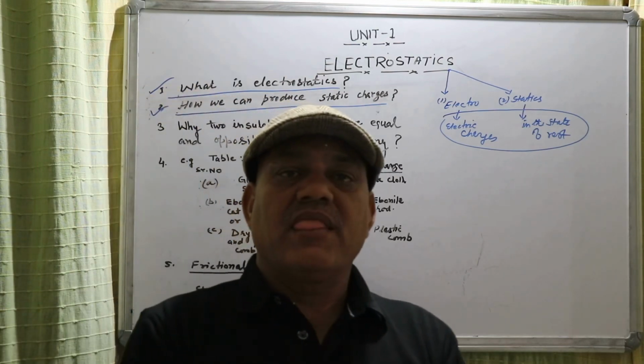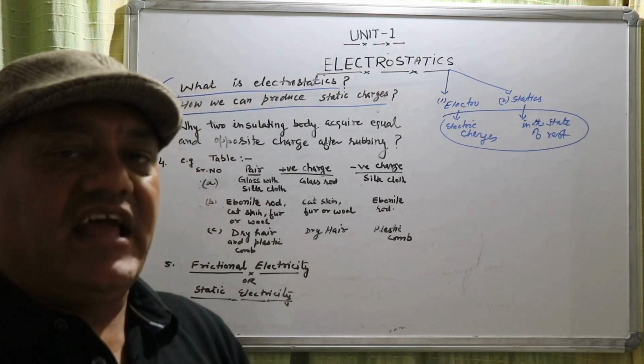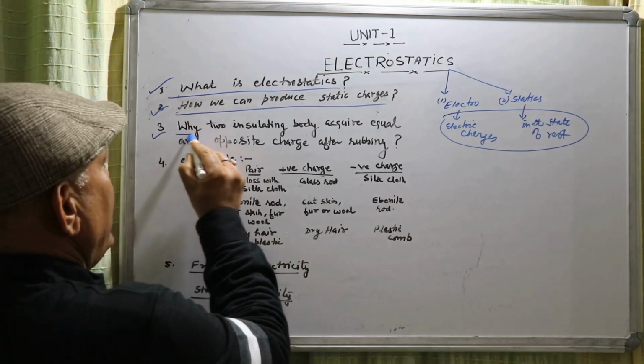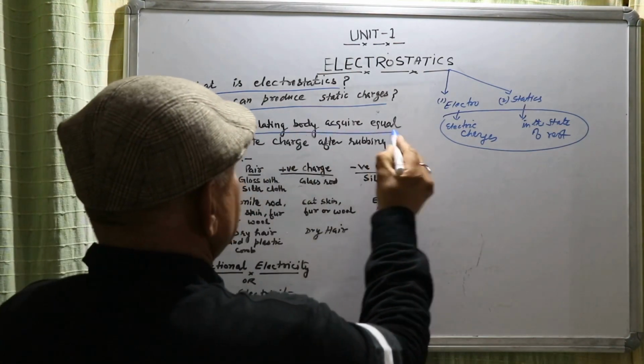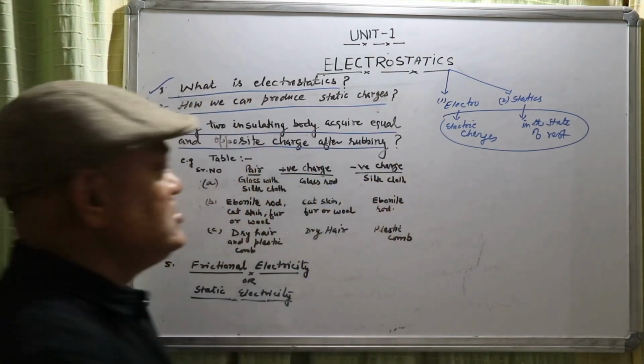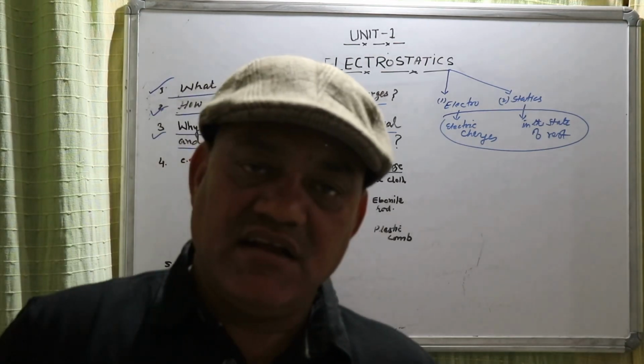Now, our third question arises, why do two insulating bodies acquire equal and opposite charge after rubbing?